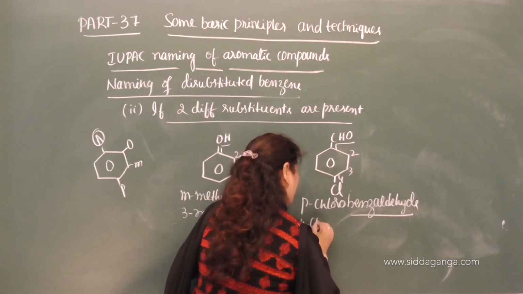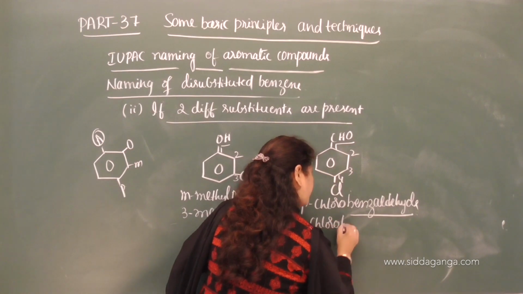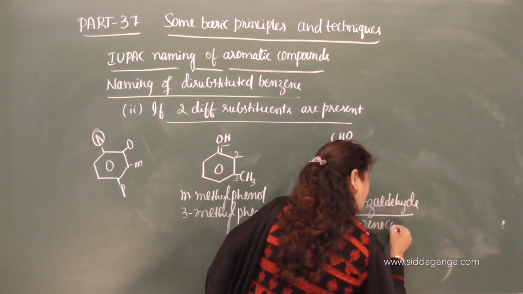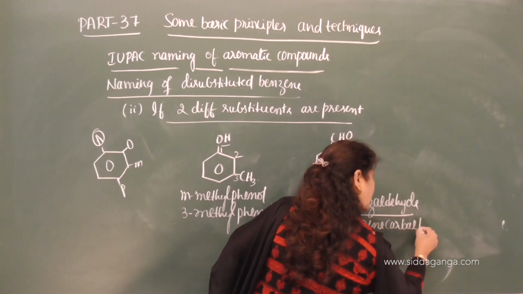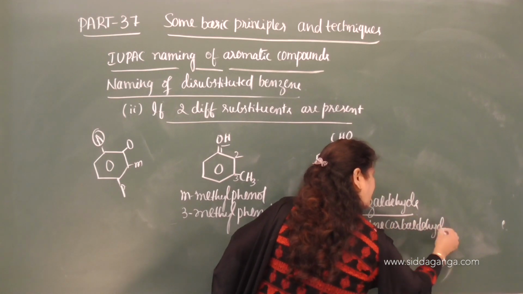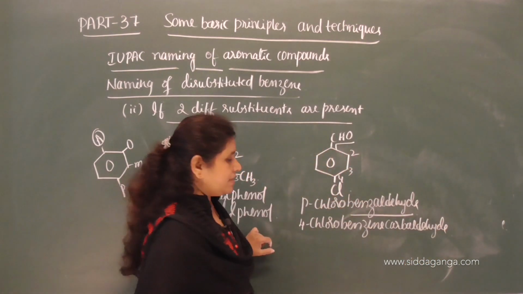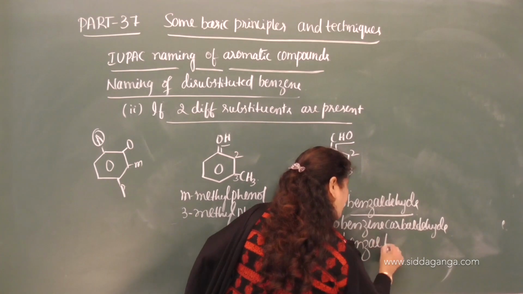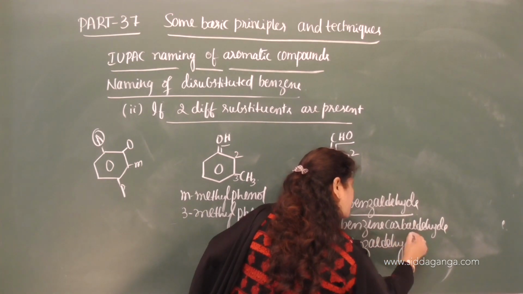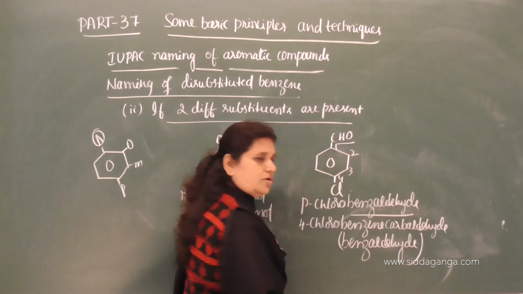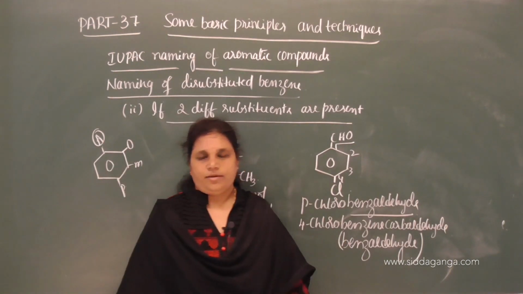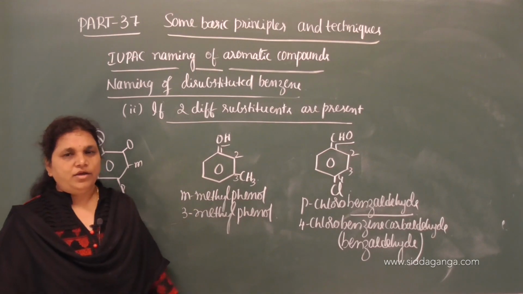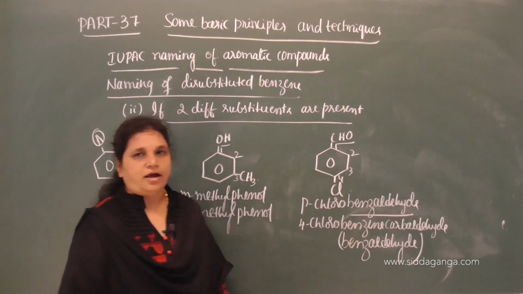So 4-chlorobenzene carbaldehyde. Here instead of benzene carbaldehyde, you can even use benzaldehyde, because it is a special name. You can retain benzaldehyde in the name or you can use benzene carbaldehyde.